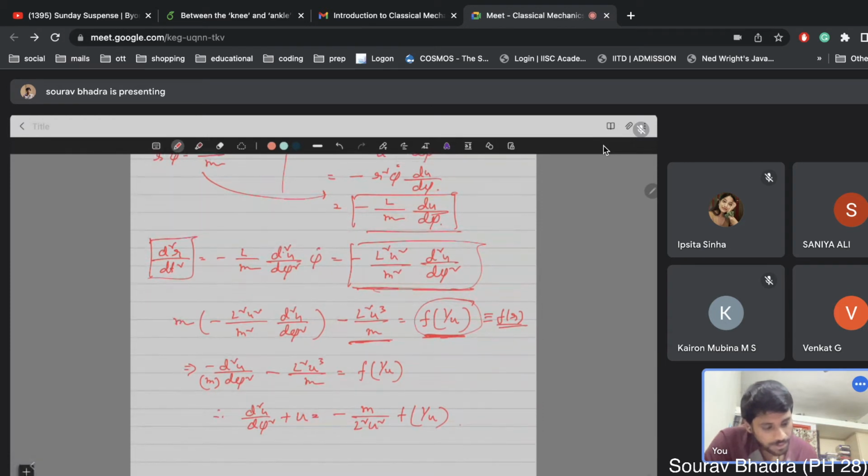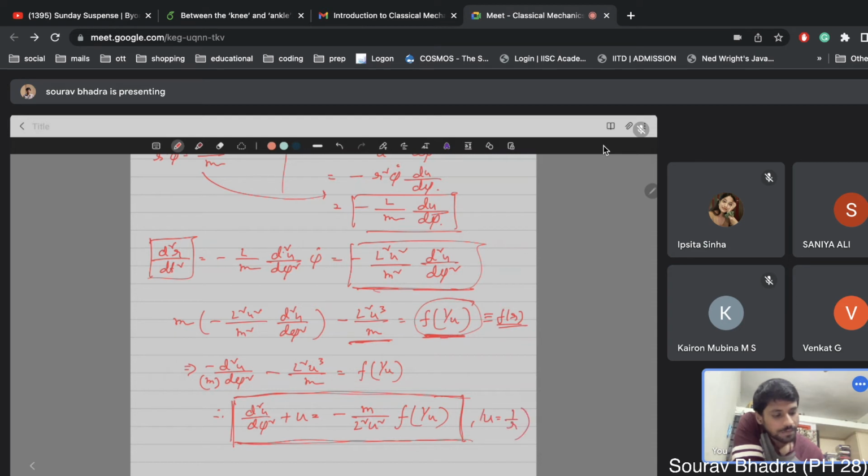Yes, this is a very important expression. By solving this, where u is 1 by r, you can get the trajectory of that particle.